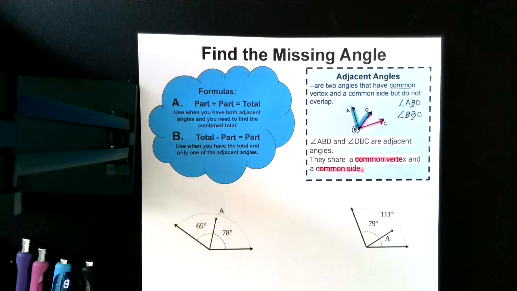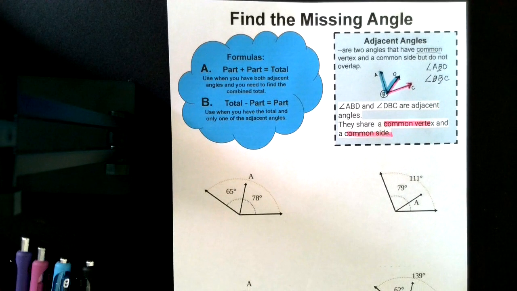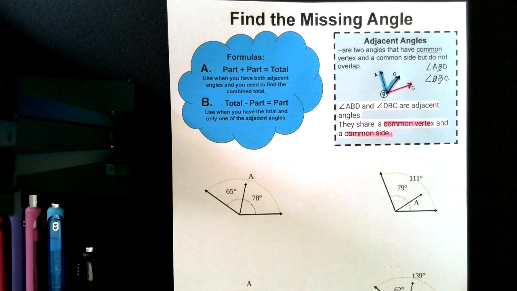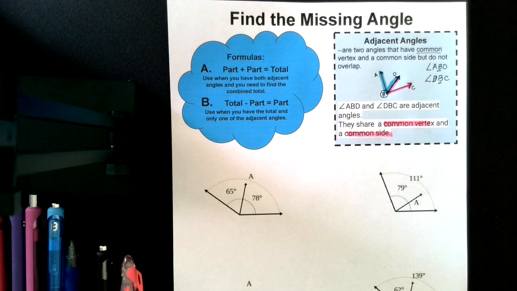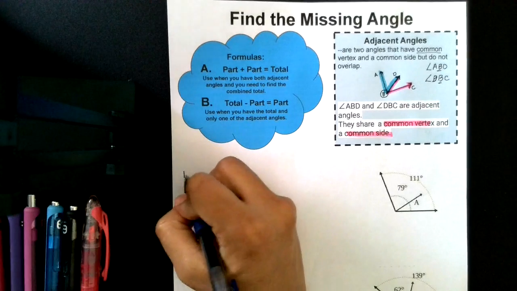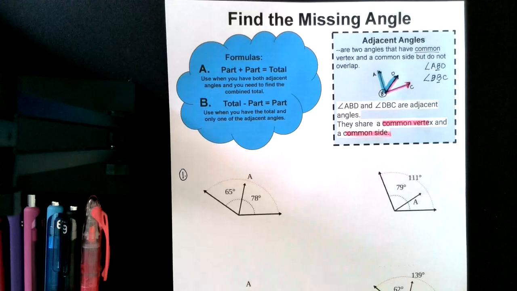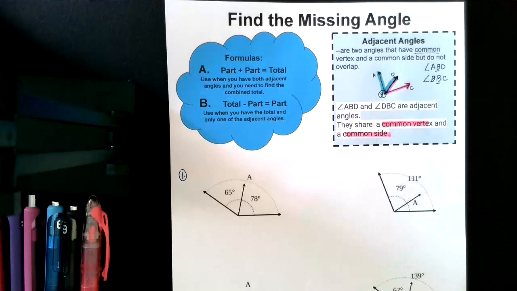So how do you determine a missing angle when you are given two parts or two pieces of information? Here, in this first example, call this number 1, I have some formulas up here. What we're going to do is decide which formula we're going to utilize. What does the problem give us?